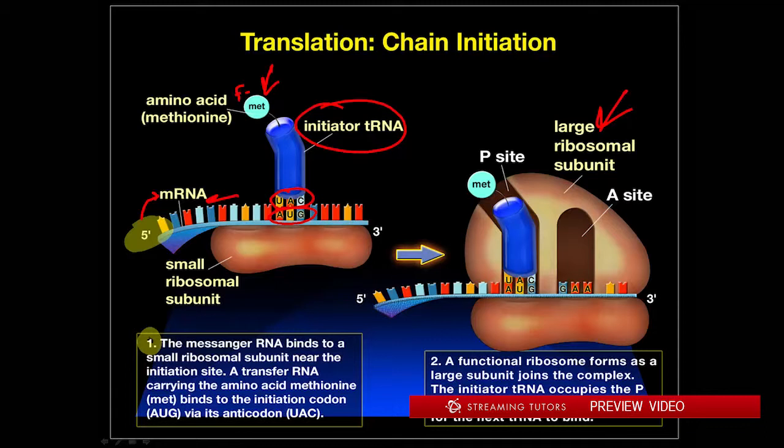The ribosome is often referred to as the workbench on which a protein is made, and I think it's a very apropos sort of an idea. So once the large subunit comes over, a functional ribosome is formed. It's important for us to note that the A site and the P site, we're going to keep track of them as we go along here. So they're labeled here.